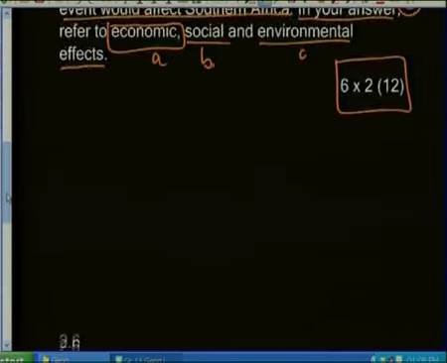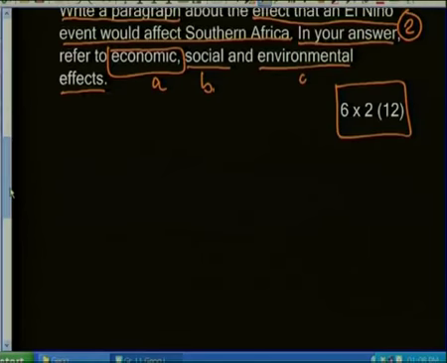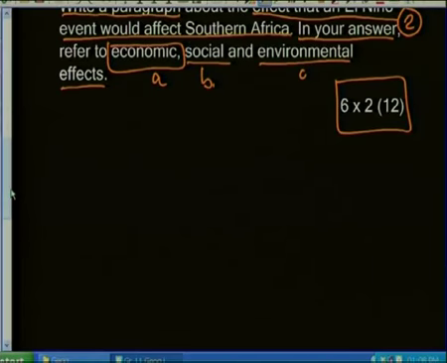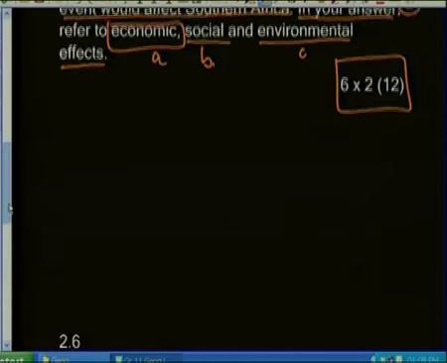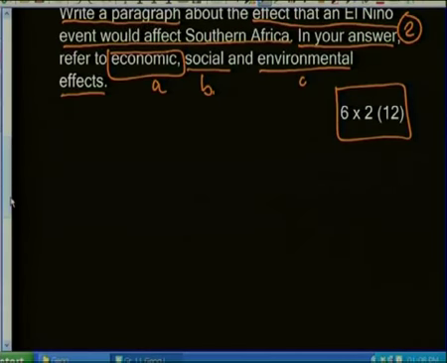Right. So let's just try and keep a little bit of this question on the board so you can see while I'm writing the answer what we're talking about. Like that. Okay, that should give me enough space to write. Right, so for 6 times 2, 12 marks, first thing we're going to say is that El Nino will negatively affect, badly, right?